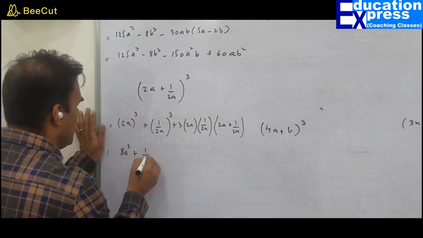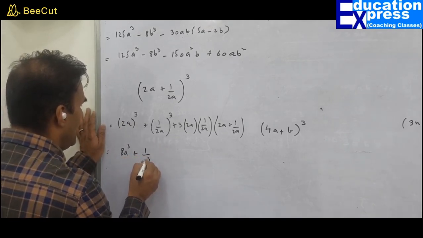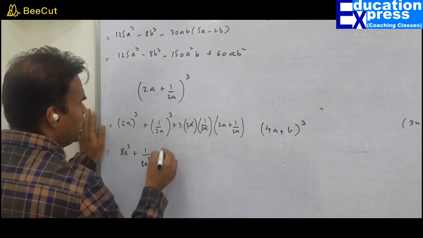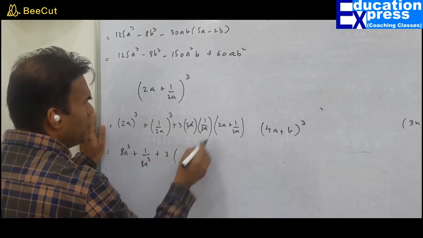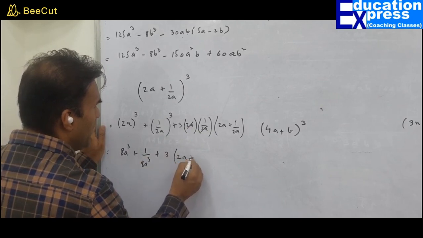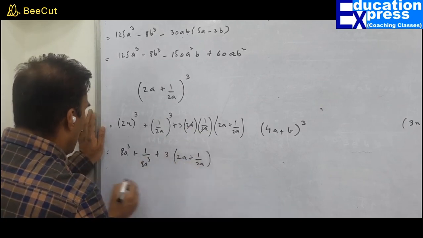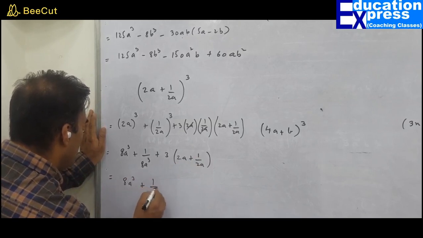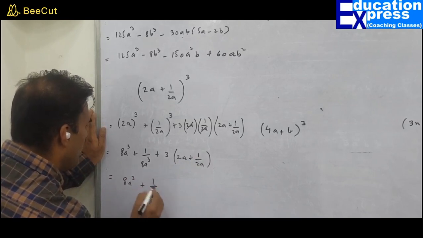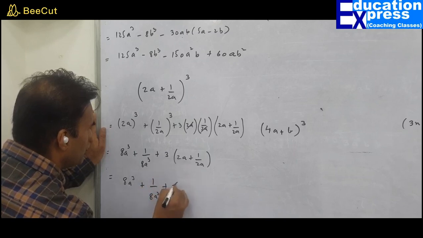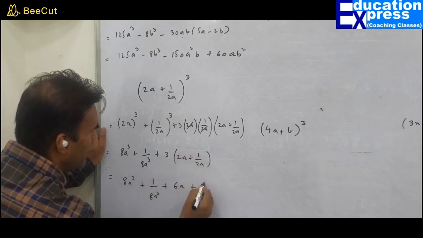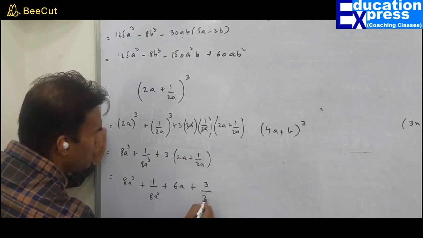Same way, this would be 1 upon 8a cube, plus 2a will get cancelled. 3 into bracket 2a plus 1 upon 2a. I am sure this can be further expanded. 8a cube plus 1 upon 8a cube plus 3 into 2, 6a plus 3 into 1, 3 upon 2a.